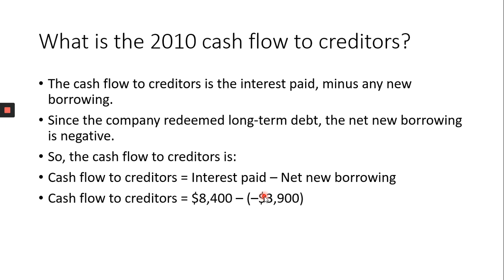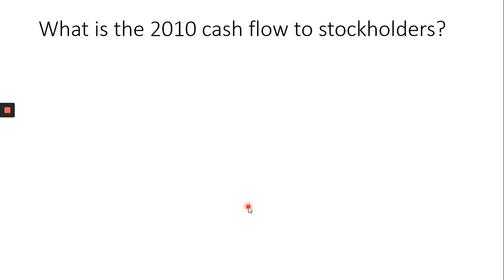So remember, instead of taking a new loan, they paid off their existing loan. That's why you have a negative sign in there. If you solve this equation, your total cash flow to the creditors will be $12,300. Now let's go to the next question.